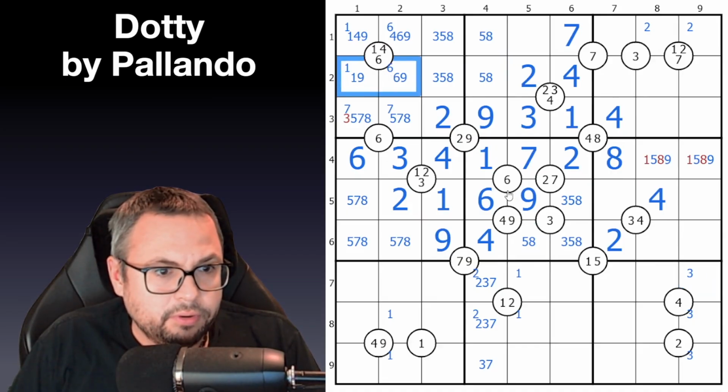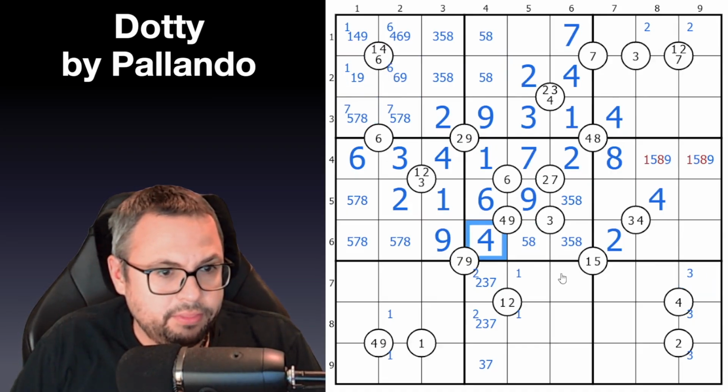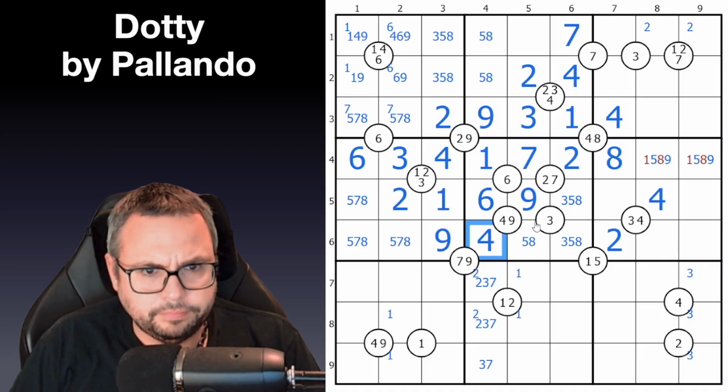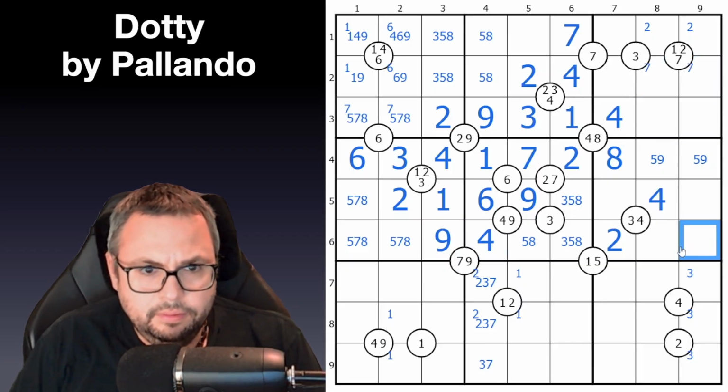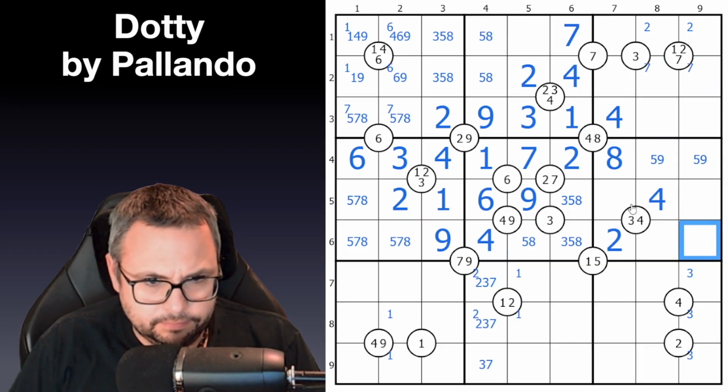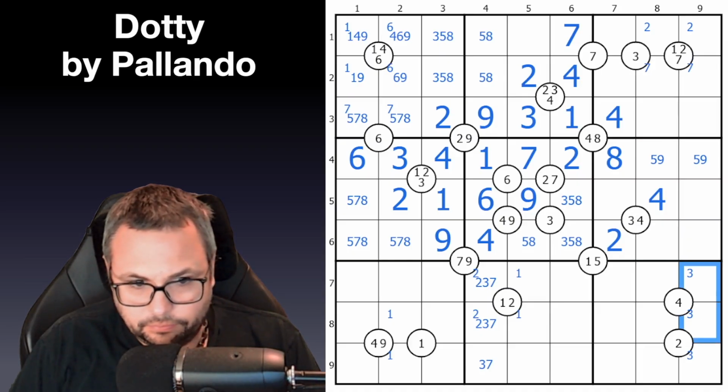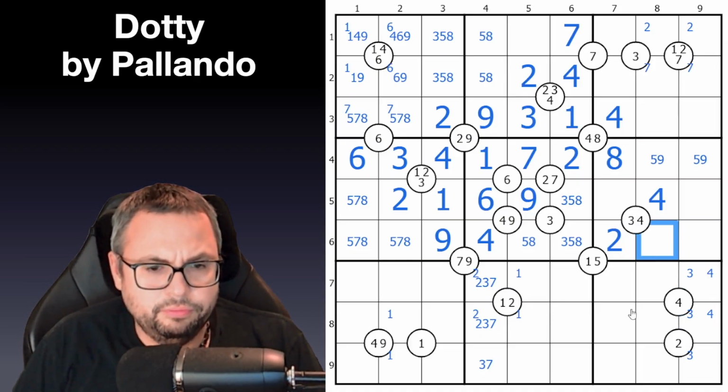Let's see. Those aren't 4, apparently. That's not 3 anymore. One of these two is now definitely 7. One of those two is 4.